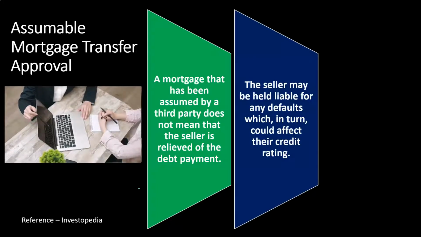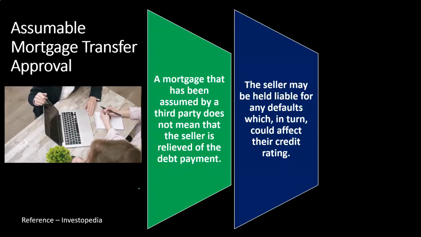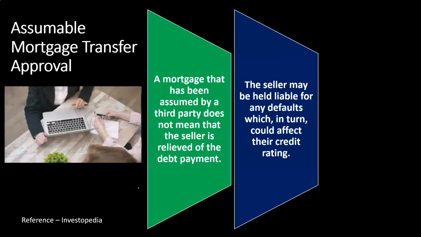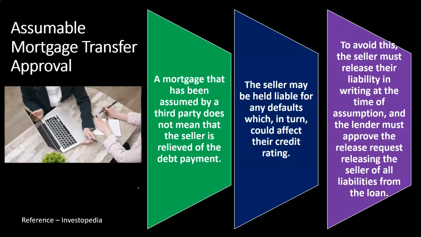So you still have this situation of, okay, well, what if it's assumed by somebody else? Is the seller kind of still on the hook? The seller may be held liable for any defaults, which in turn could affect their credit rating. So obviously, as the seller, that would be concerning, right?